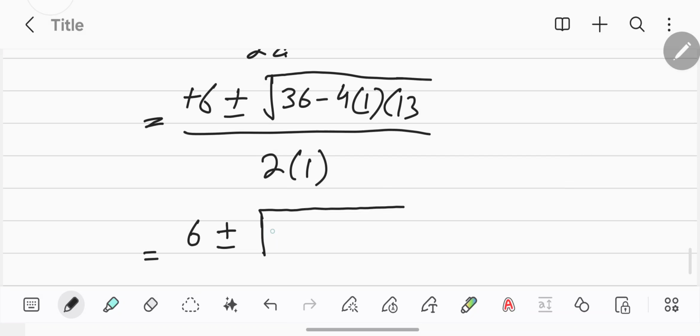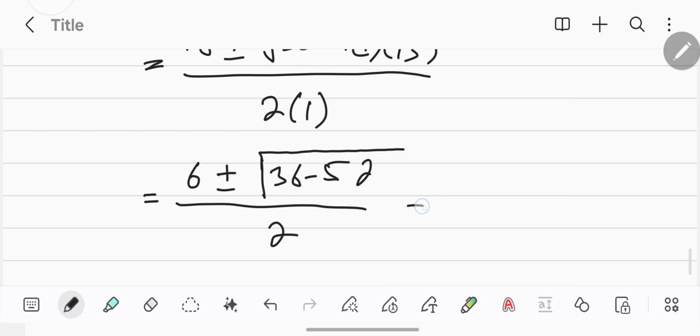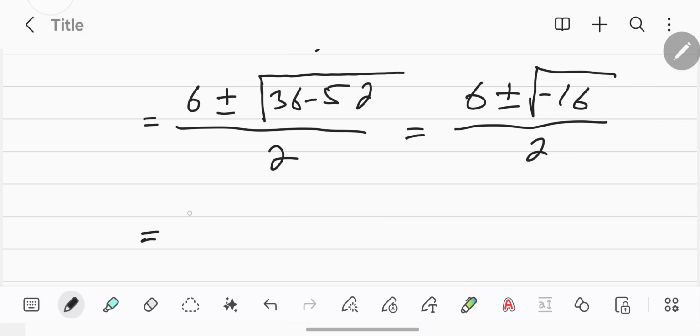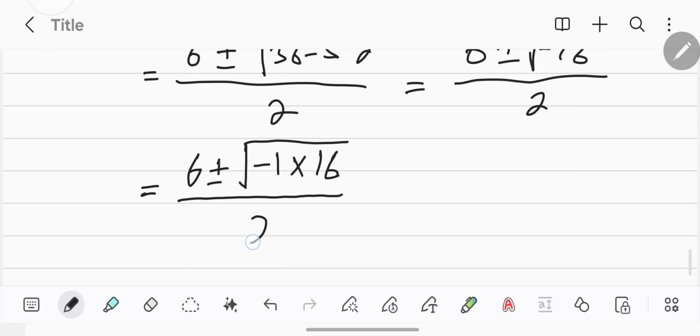Now if I solve it, it is 36 minus 52, over 2, which is 6 plus minus the square root of negative 16. Now you can check the thing inside the square root is negative. So I told you that if the thing inside the square root is negative, that means we are going to land in C. We can write this thing in this way, just like previously. You can write it as negative 1 times 16, over 2.